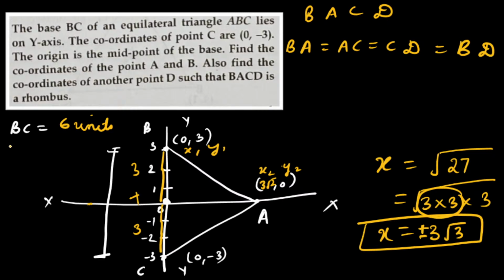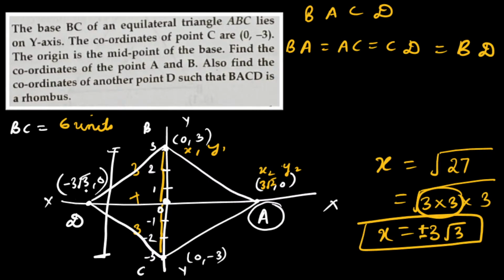If all the sides are equal, then somewhere here point D will lie, and this distance will make it a rhombus. When I'm finding A's coordinate as plus or minus, D's coordinate will be (-3 root 3, 0), because all sides are equal. If A is on this side, at the same distance point D will be on the other side.